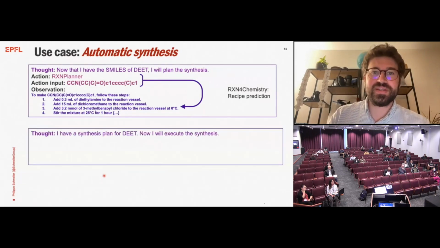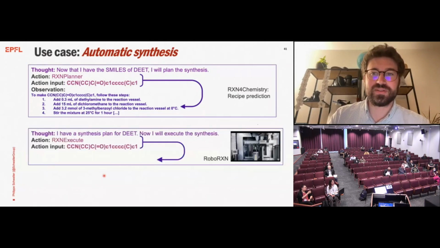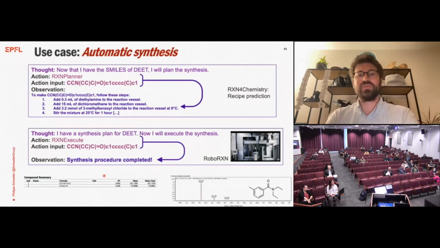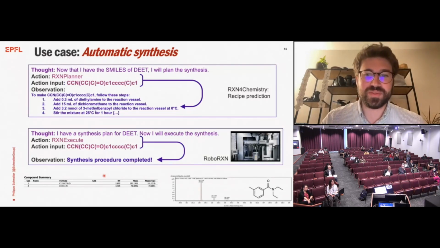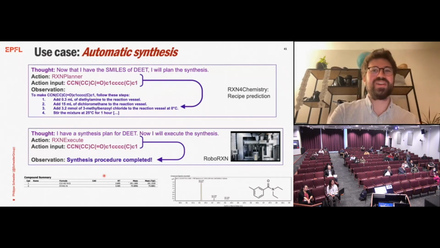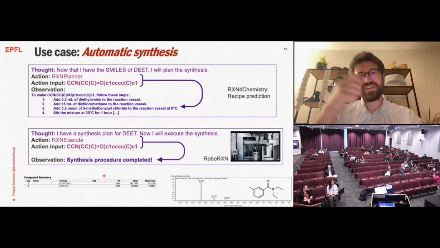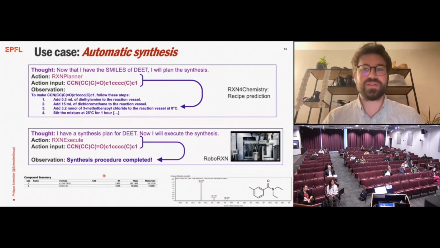And in the end, because we connected it to RoboRxN at IBM, after 2 hours we had DEET confirmed. This was one of the first examples, if not the first example, from prompt getting information from different tools to the automated synthesis on a robotic platform.